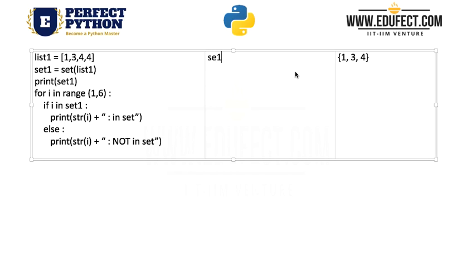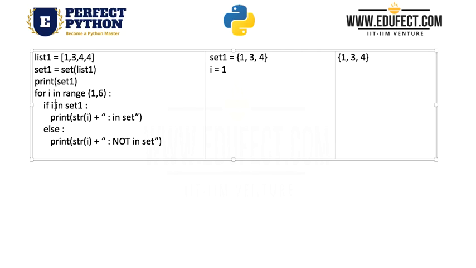Set1 in this case is the set 1, 3 and 4. Now what are we saying? For i in range(1, 6). So i will start taking the value 1 first. When i takes the value 1, we are saying if i in set1.